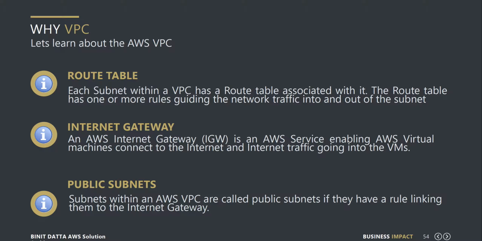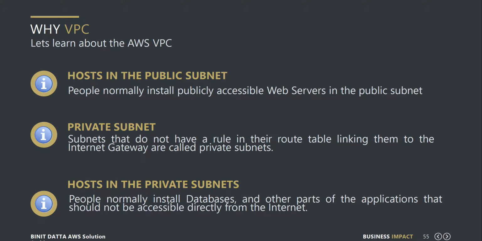Internet Gateway is another AWS object or service enabling AWS virtual machines to connect to the internet and internet traffic going into the VMs. Public subnets, as we already talked about, are subnets within an AWS VPC that have a rule linking them to the Internet Gateway. People normally install publicly accessible web servers or application servers in the public subnet.